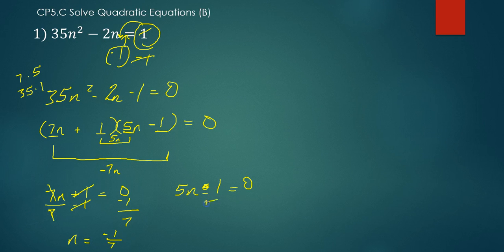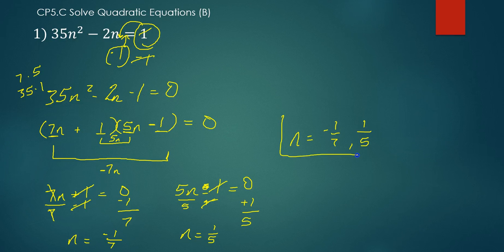Here I need to add 1, and 0 plus 1 just still leaves me that 1, and I need to divide by 5 so that n equals 1/5. And you normally see this written together, separated by a comma. And this is your answer.